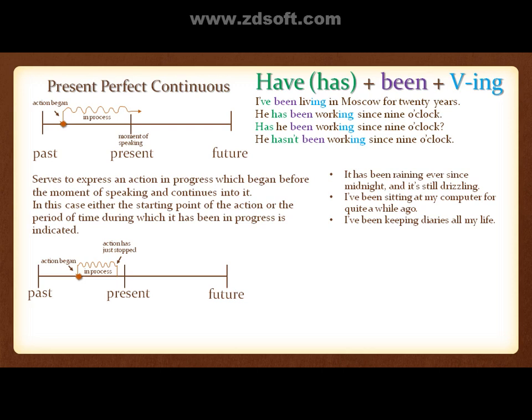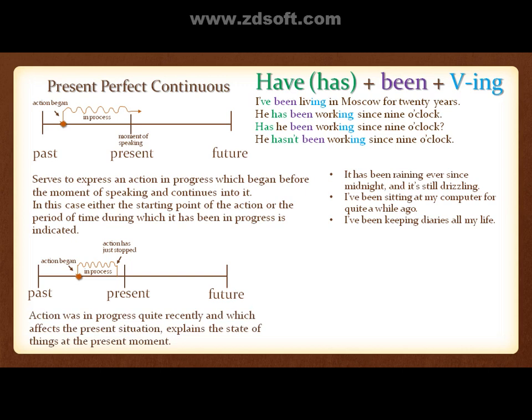That means the action started in the past and continued to the present. It started raining at midnight and it is still raining now. I have been sitting at my computer for quite a while. I have been keeping diaries all my life.